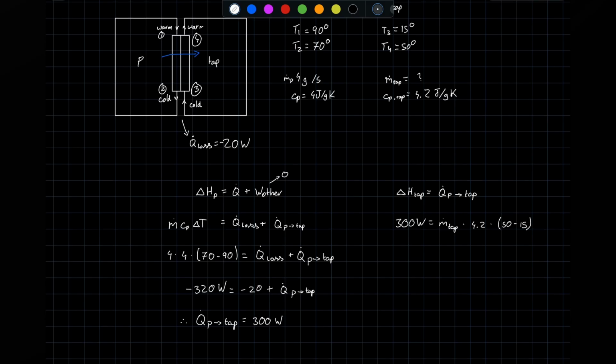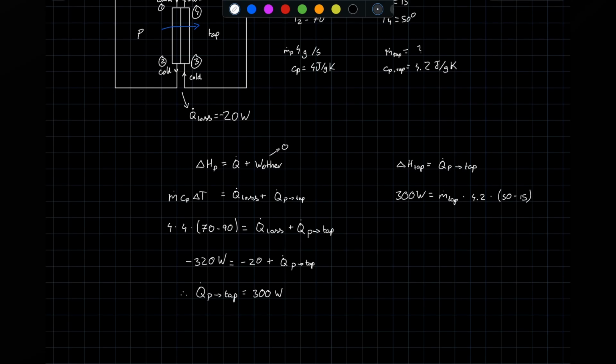And again, like in the previous problem, I'm not converting to Kelvin because the temperature difference is the same whether you leave it in Celsius or in Kelvin.